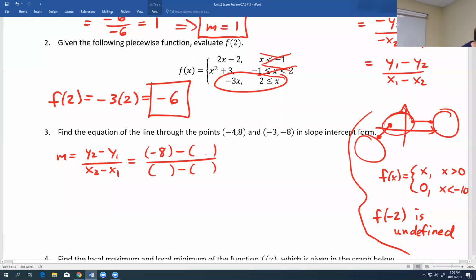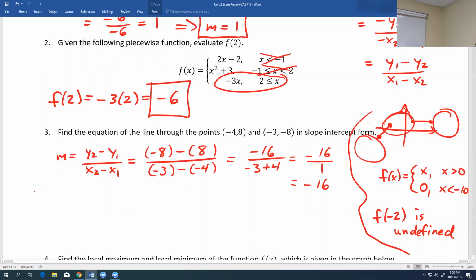So we have -8 minus 8 over -3 minus -4. So then I have -8 minus 8, so that's -16. And then -3 minus -4, so that's +4. So then I have -16 over 1, which simplifies to -16. Okay. So that's just the slope.